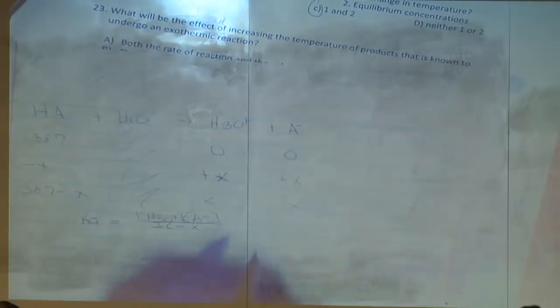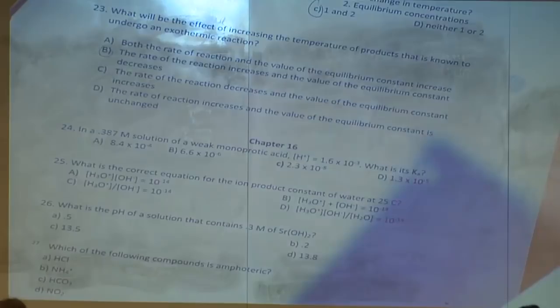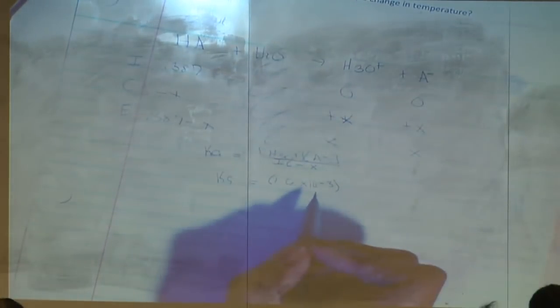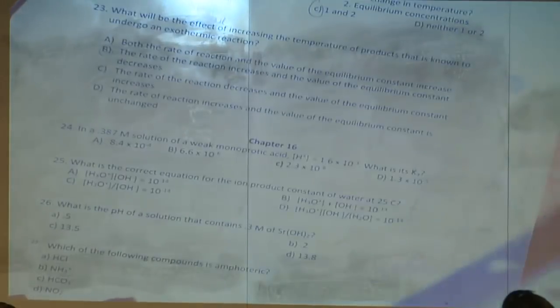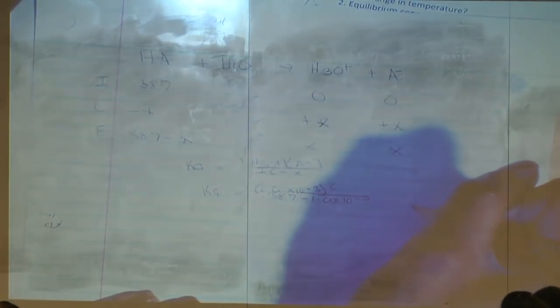So this x right here is 1.6 times 10 to the negative 3. Because it's x squared, I'm just going to do 1.6 times 10 to the negative 3 squared over 0.387 minus 1.6 times 10 to the negative 3. When we do that, that'll give us the Ka.